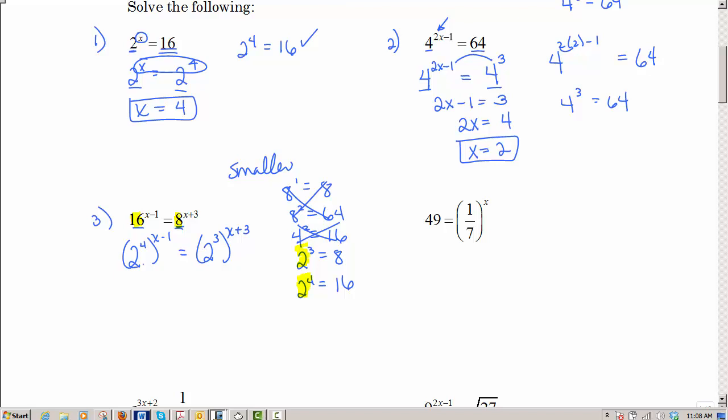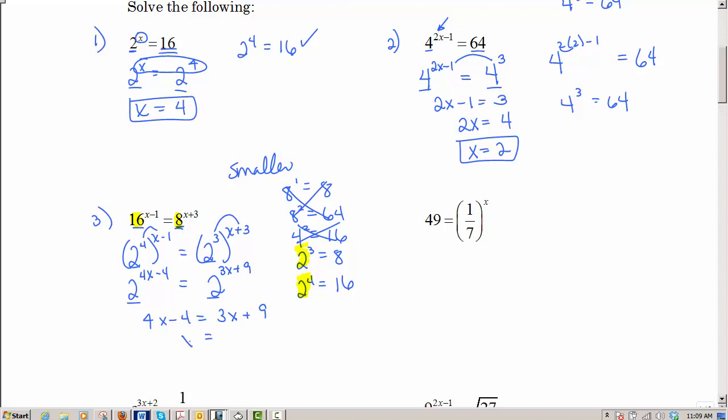So I've got them to be the same base. But before I start equating the exponents, let's use our properties. I can multiply those. So that's 4x minus 4. Don't forget to distribute. This is 3x plus 9. Now the bases are the same. Now I can set those exponents equal to each other and solve for x.